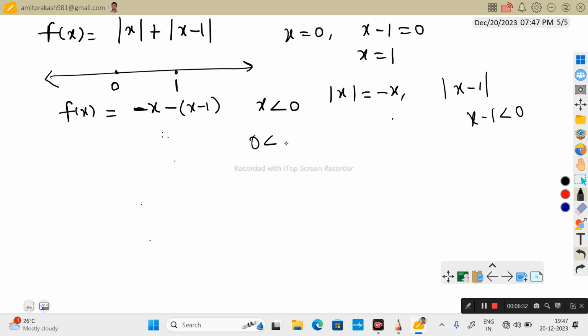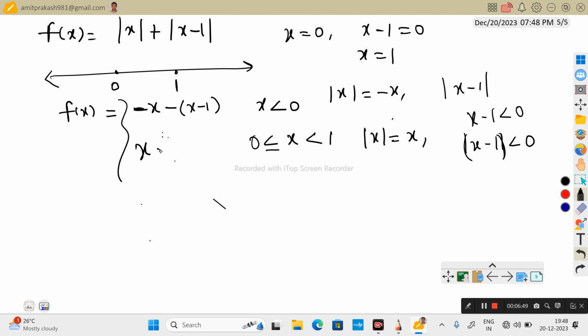For x lying between 0 and 1, mod x equals x, and x minus 1 is less than 0, so this function becomes x minus of x minus 1.